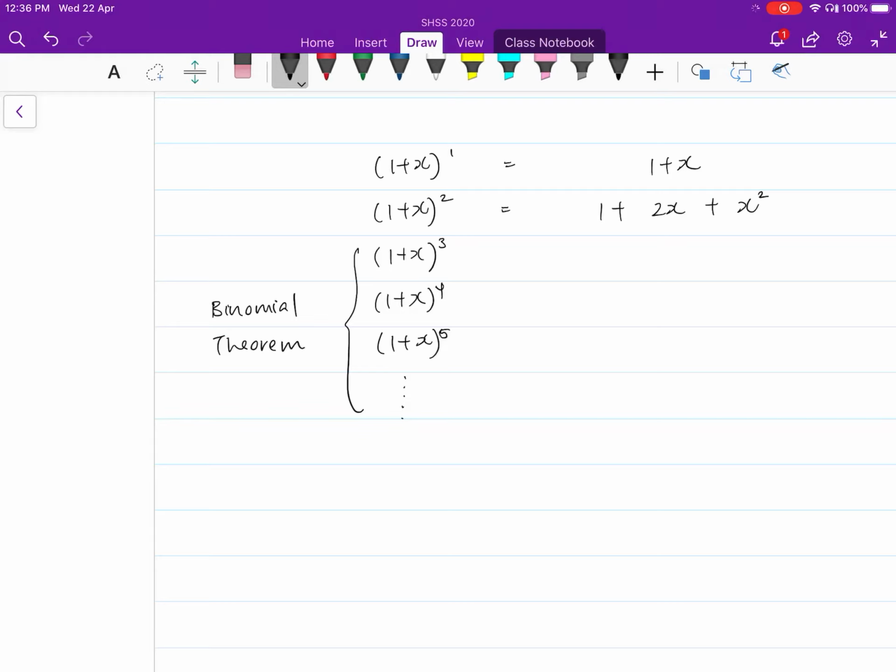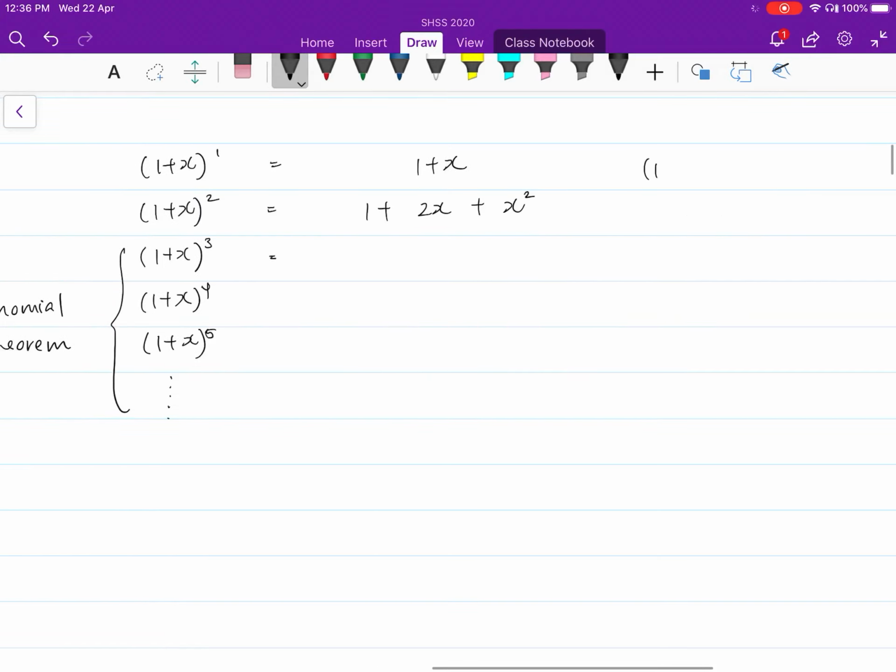If you observe, we can expand (1 + x) cubed by multiplying (1 + x) times (1 + x) squared. That will give us (1 + x) multiplied by (1 + 2x + x squared).